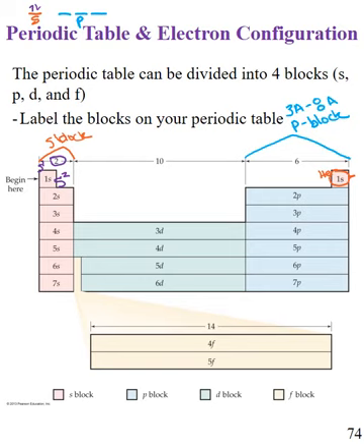Now let's look at the D orbital. The D subshell are going to be these transition metals. So I want you to write D block on your own periodic table. The D subshell has how many orbitals? The D has a total of 5.